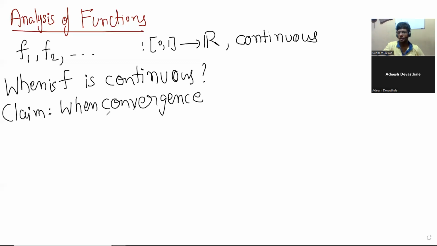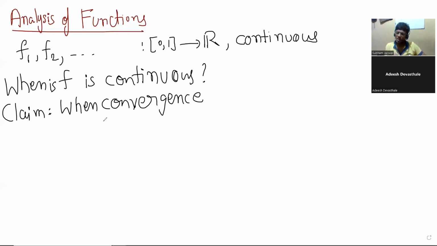When I was reading Bartle and Sherbert, I realized that uniform continuity and uniform convergence have the same type of structure. For example, for the same epsilon, you always get the same delta for every x, and in normal pointwise convergence, the delta may vary with every x.